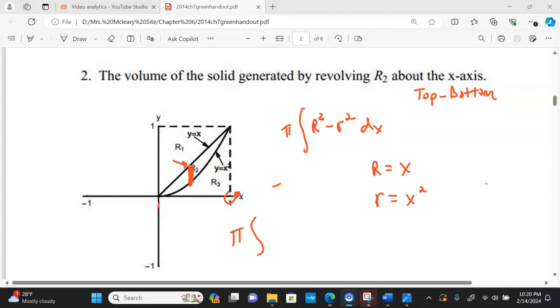The limits of integration are still from 0 to 1, big R squared, which is going to be x squared, minus little r squared, which is going to be x squared, the quantity squared, dx. Okay, so that's how we would set up revolving region R2 about the x-axis.